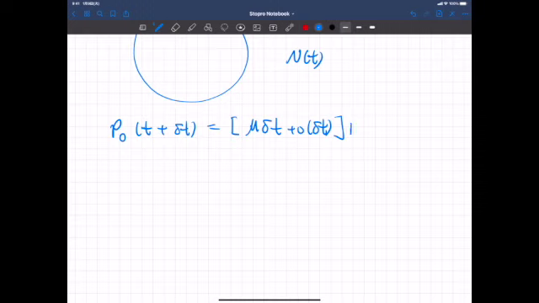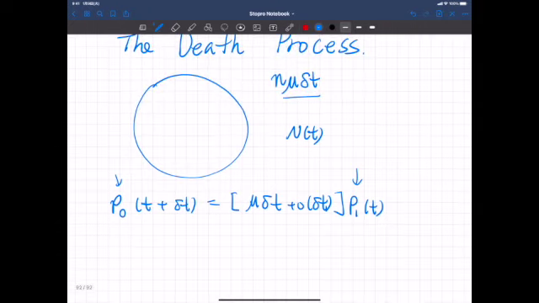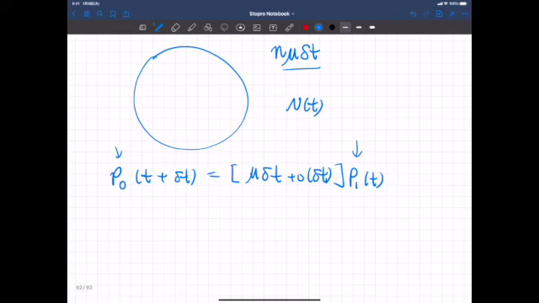So this is the probability that there was 1 individual in the population at time t. This p0 is the probability that there is no individual in the population at time t plus delta t. Of course, we are assuming that delta t is small enough that no 2 individuals die at the same time.